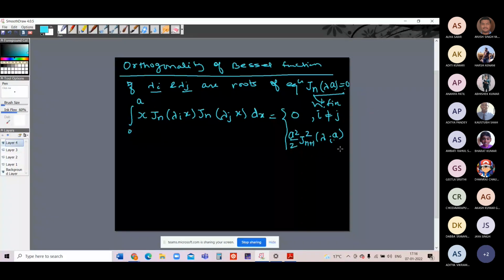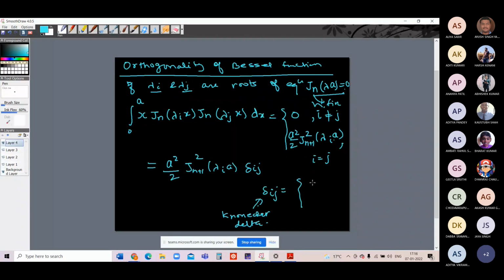And when i is equal to j, when both the roots are the same, then the value of this integral will be a square by 2 Jn plus 1 square lambda i a. This expression can also be written as a square by 2 Jn plus 1 square of lambda i a into delta ij, where this delta ij is known as the Kronecker delta function.